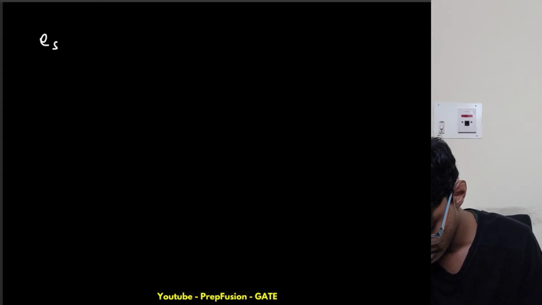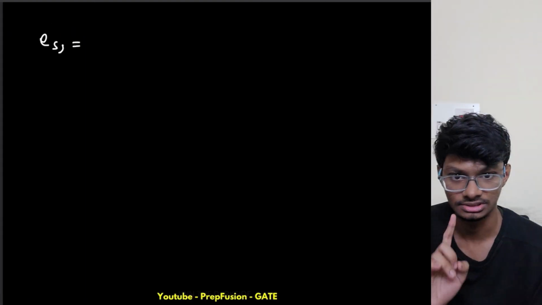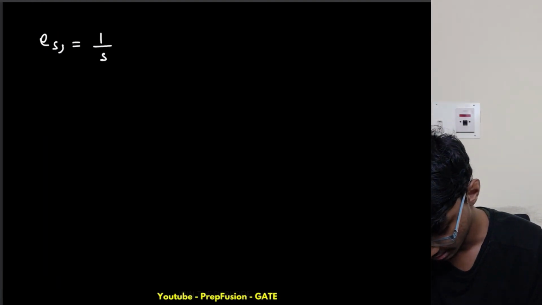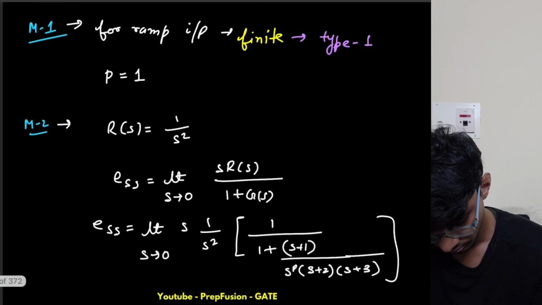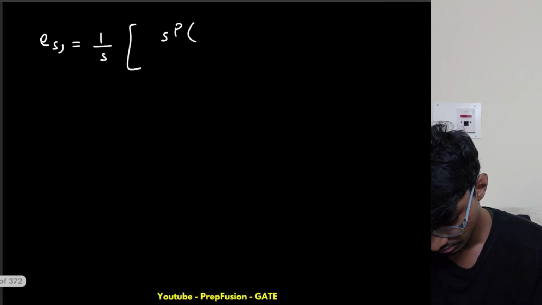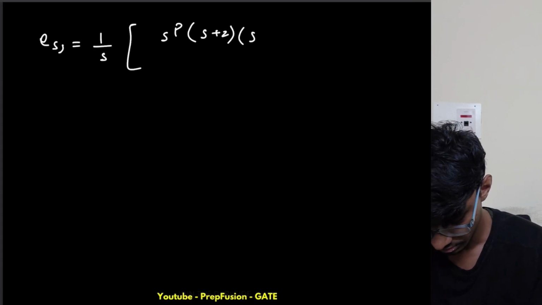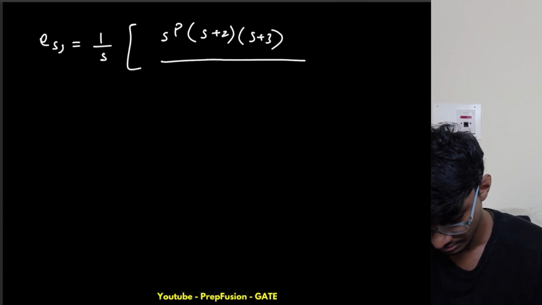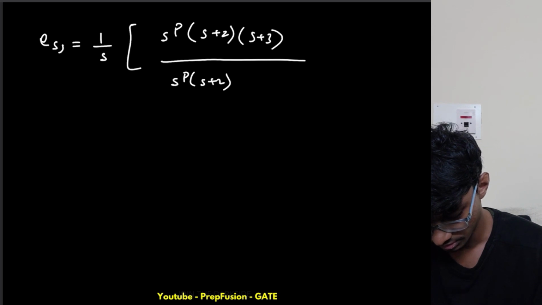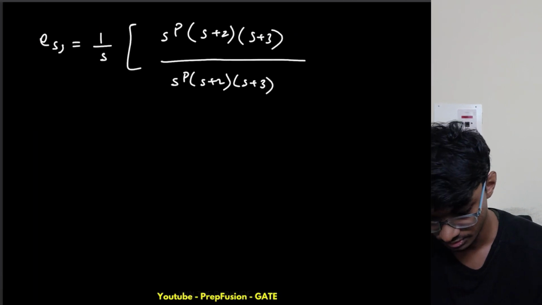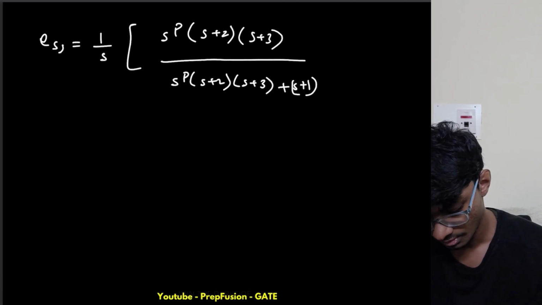So E ss is some finite value. This is equal to 1 by s basically into s to the power p into s plus 2 into s plus 3, divided by s to the power p into s plus 2 into s plus 3 plus s plus 1.